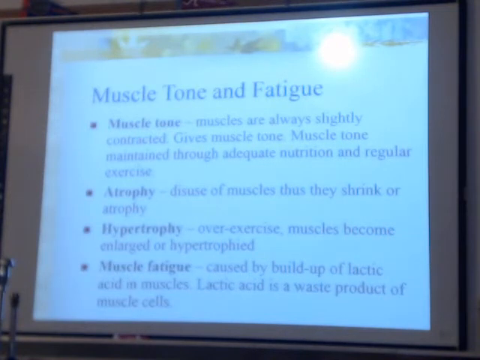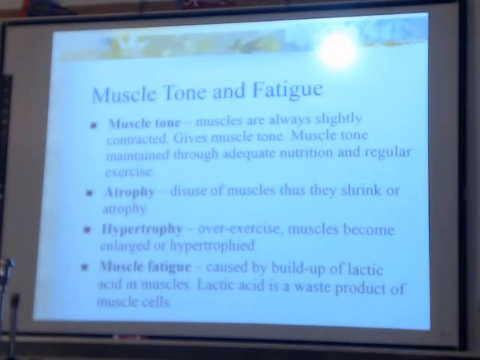If any of you have ever had a broken arm or leg, or been in a cast or a splint for a long period, and you take that off, then when you compare it to your other arm or leg, usually that other arm or leg is much smaller because you haven't been able to use those muscles, and they shrink. So atrophy means shrinkage of a muscle due to lack of use. So it changes the muscle tone.